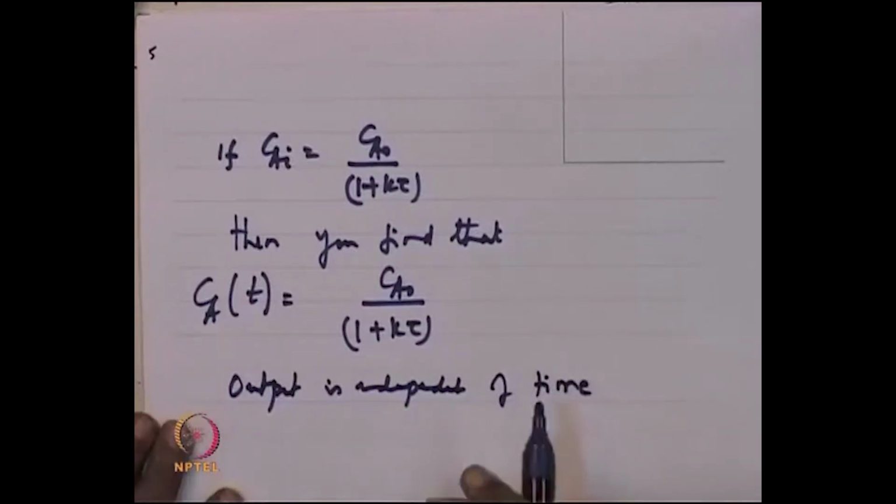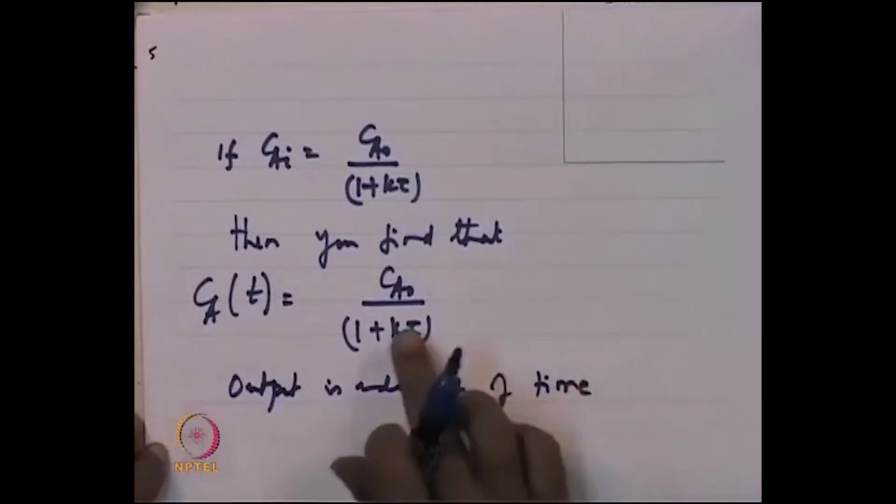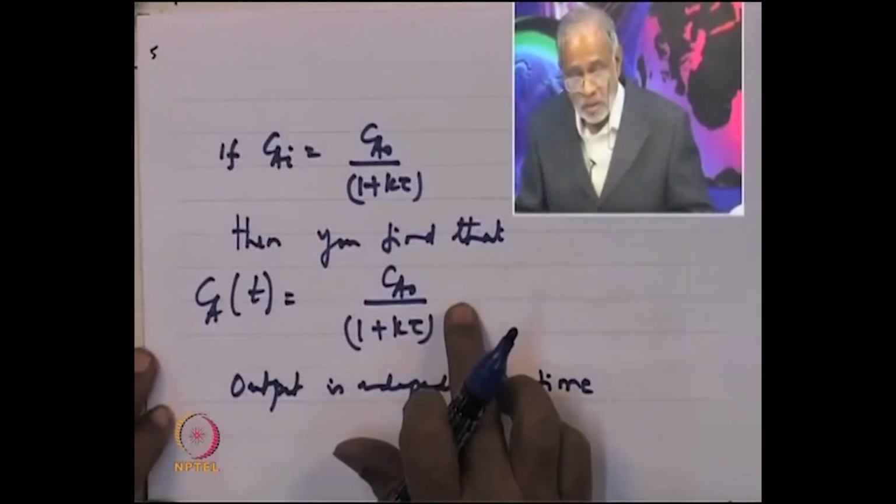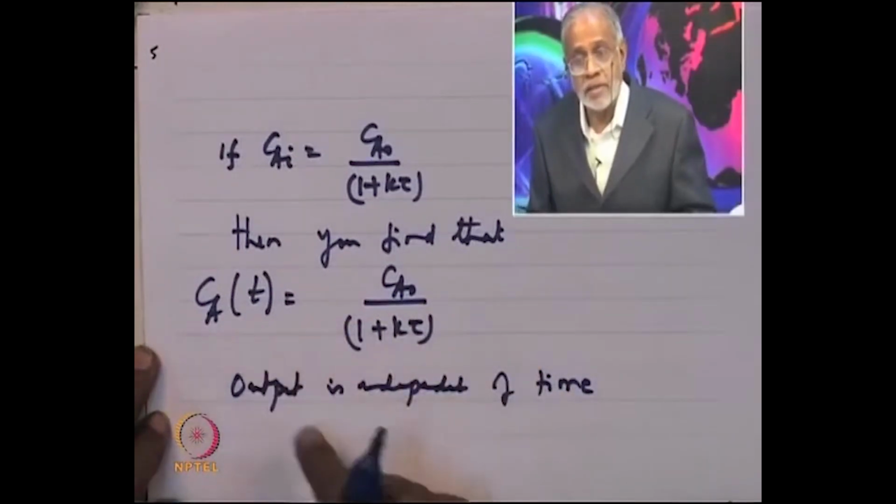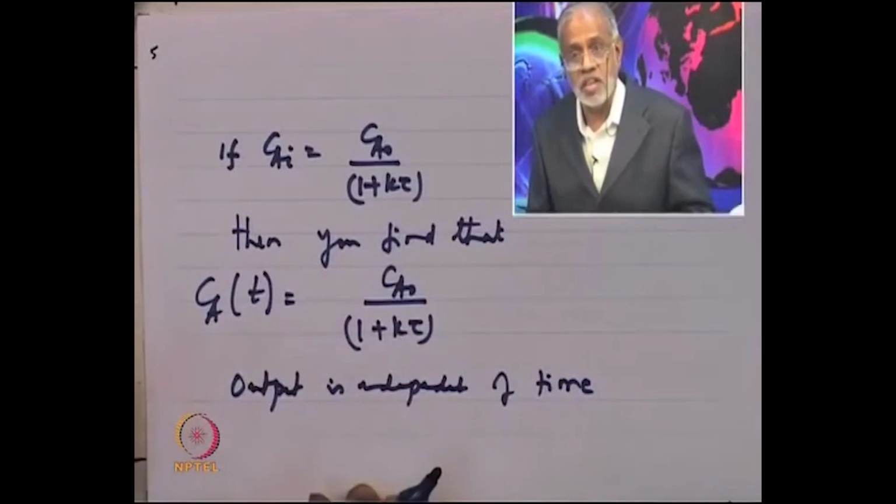So, the CSTR is able to reach steady state immediately, so that you are able to avoid the time that is lost in reaching steady state.